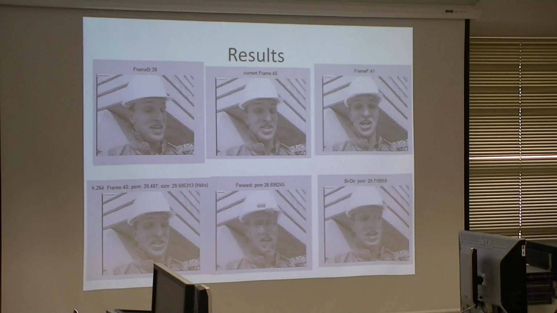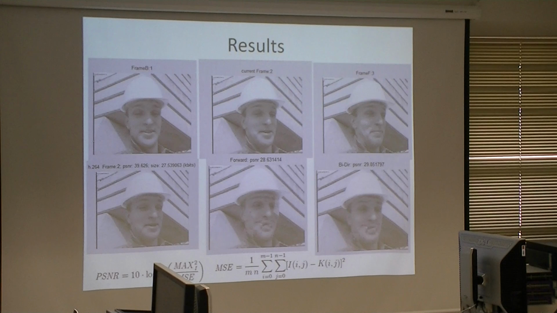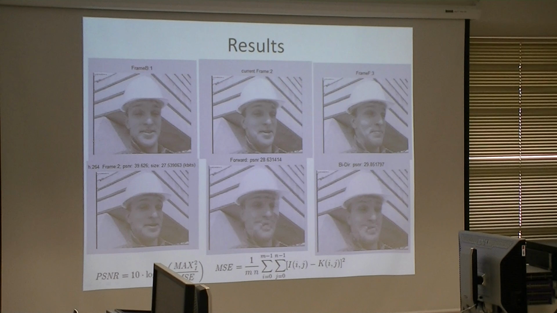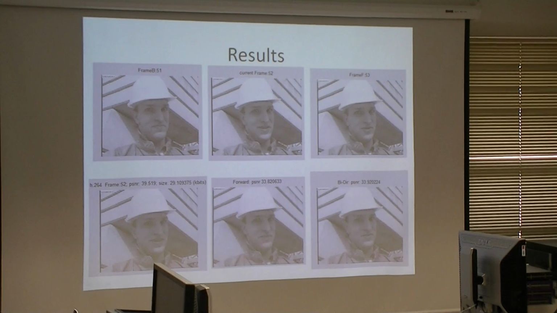This is a high motion result. You can see the backward and forward frames have a big difference. Here's a medium motion result. We can see the interpolation quality is a little better than the high motion case. And the last one is the low motion.